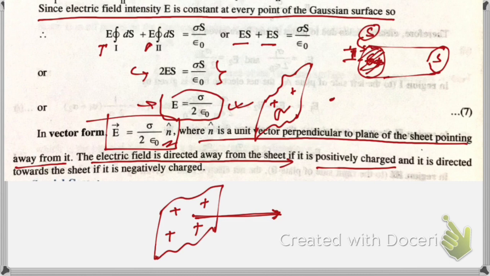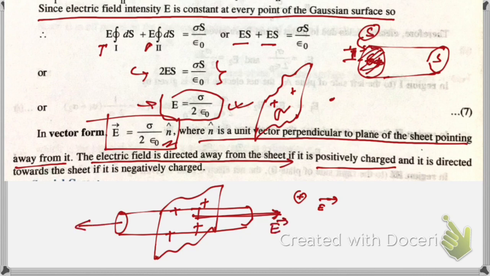Always remember, the direction of the electric field is always away from positive charge, and perpendicular to this sheet, so that's why we have taken the field E direction in this way and that way, not towards this direction. I hope you have understood this.